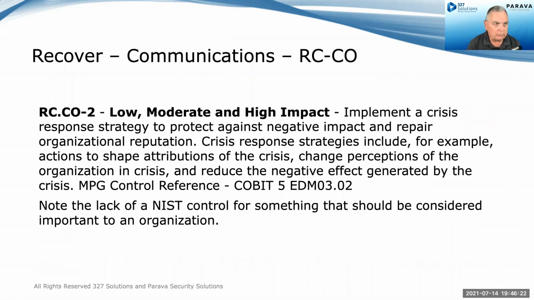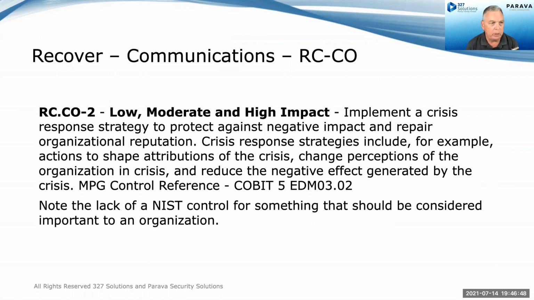Finally, and this is the last category and the last subcategory, that is communications. It's exceptionally important to have a crisis response strategy. That crisis response strategy could have within it actions to shape attribution of the crisis, change perception of the organization in crisis, and reduce the negative effect generated by the crisis.